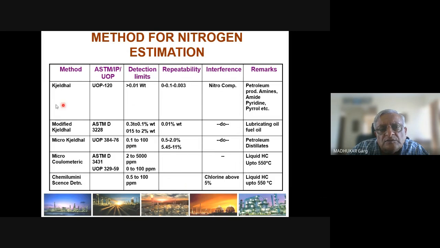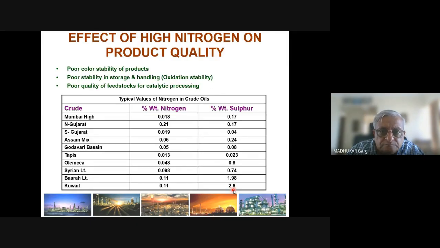The good old method, which you must have also learnt in your school days, is Kjeldahl's method. But now we have microcoulometric methods as well as chemiluminescence detection. These are all automated now for determining the nitrogen content, not only for the crude oil but also for various petroleum fractions.